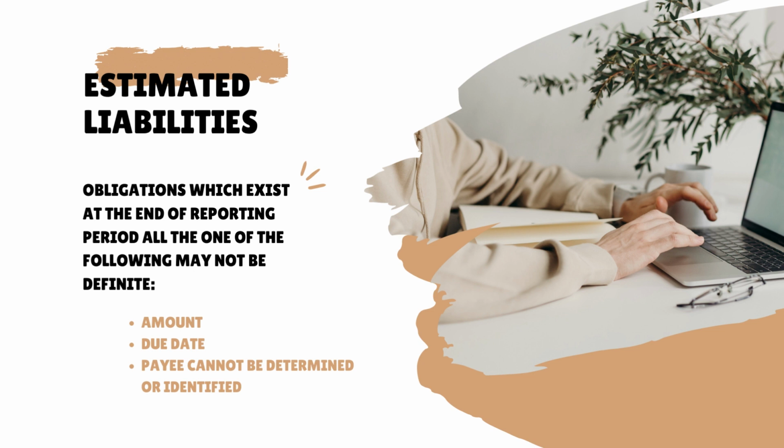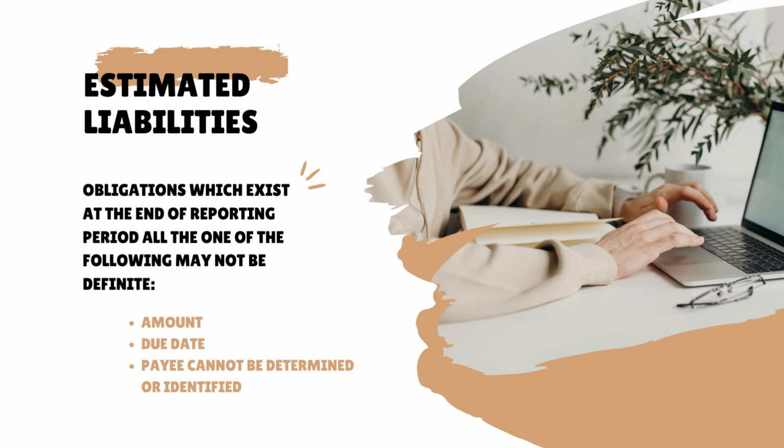Okay, next. Payee cannot be determined or identified. In this case, there are several liabilities which we will discuss in the next topic, such as premiums or gift certificates. So we have liabilities for those items. However, we don't know who we will give it to. We don't know the payee.